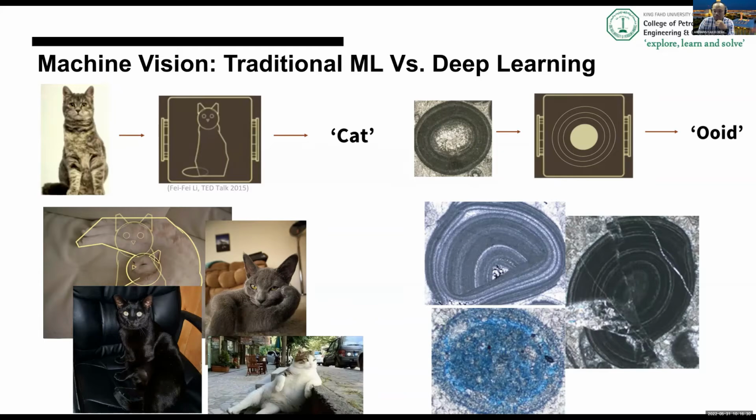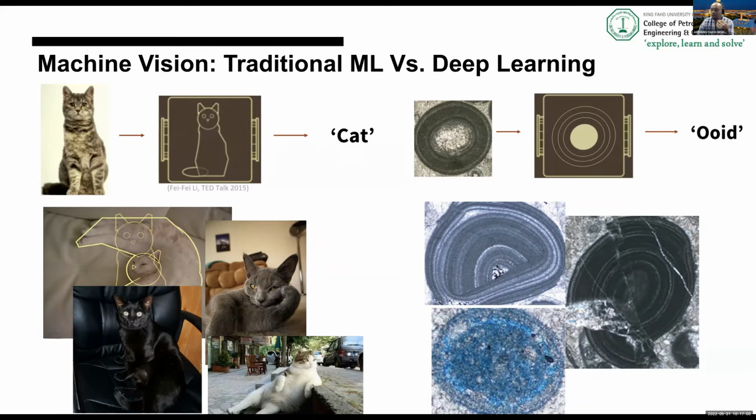Sometimes you have a different shape like this, which can be heavily fractured and also dissolved, right? But we want the computer or the algorithm to still recognize this as an ooid. We don't want to keep adding features or introducing a new set of rules every time we see a different ooid, because as we know, there are thousands of possibilities for how an ooid can appear in an image.